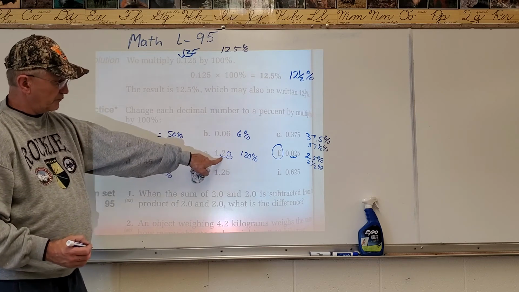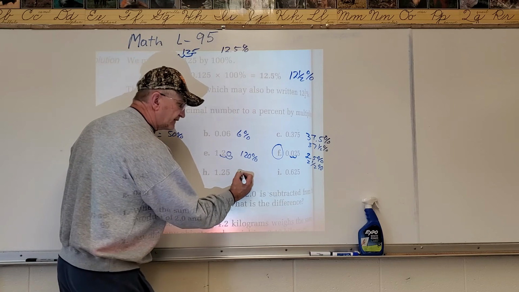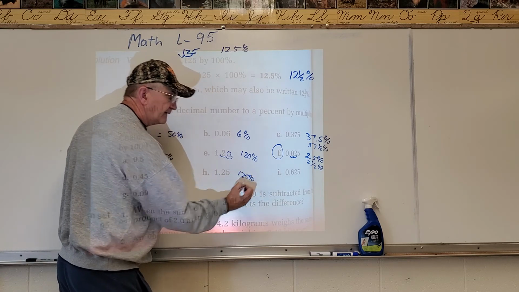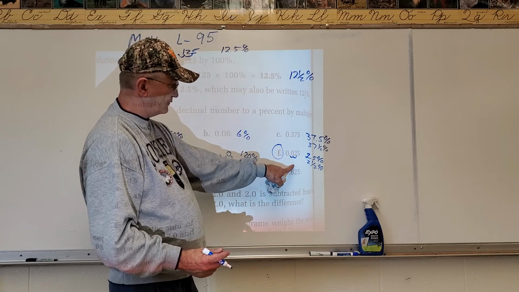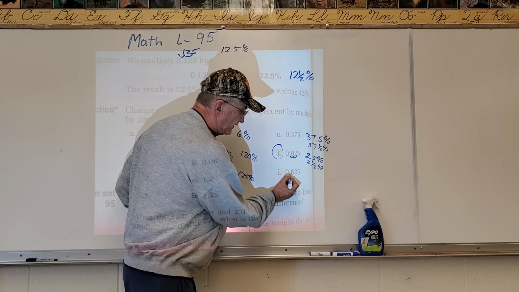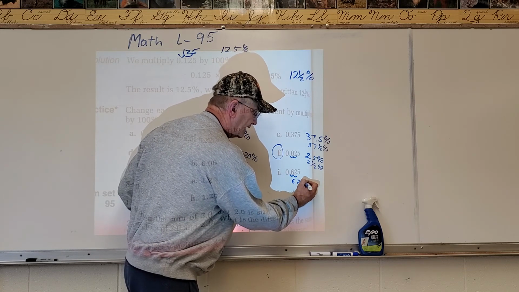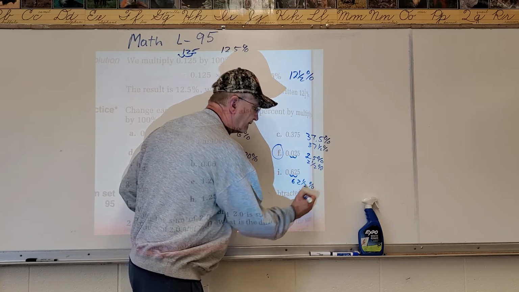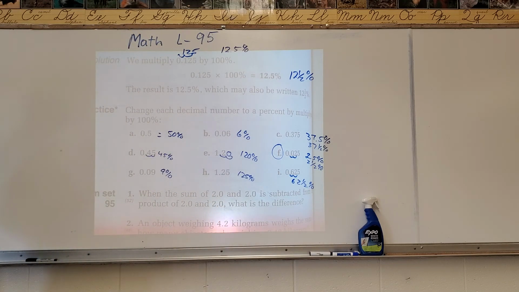Same thing as up here: we had a point, we added in a 0, 125%. And last but not least, similar to this one up here, move in 1, 2, so I have 62.5%. Either way of writing it is acceptable.